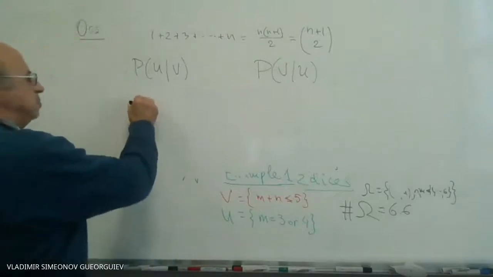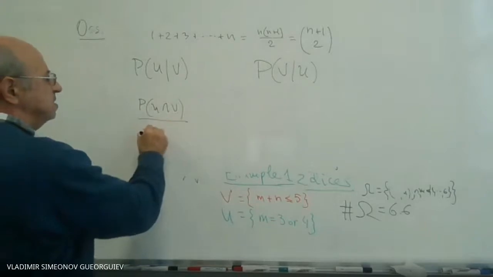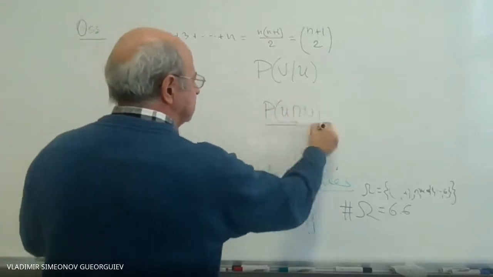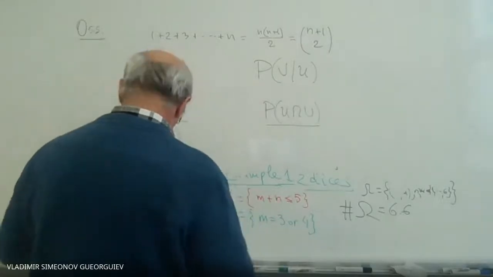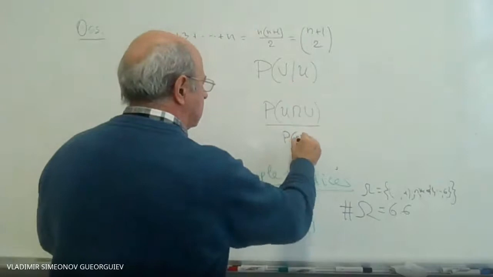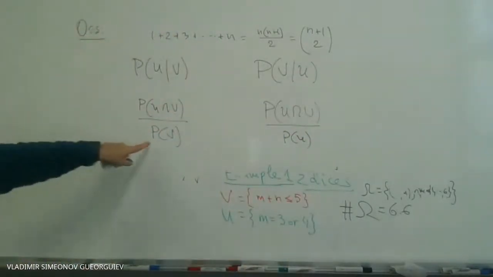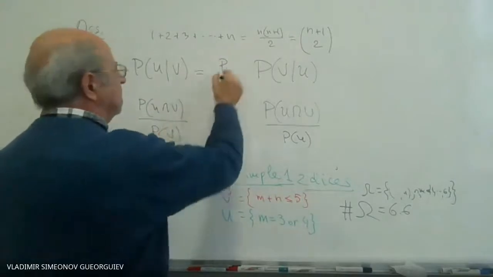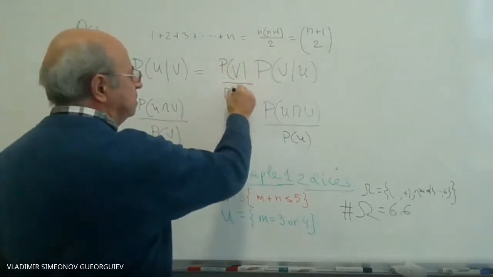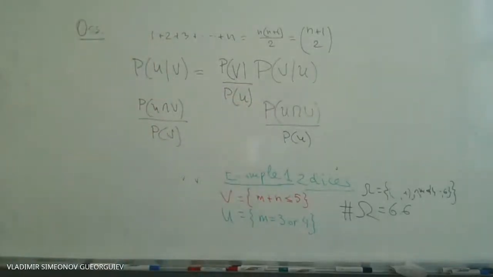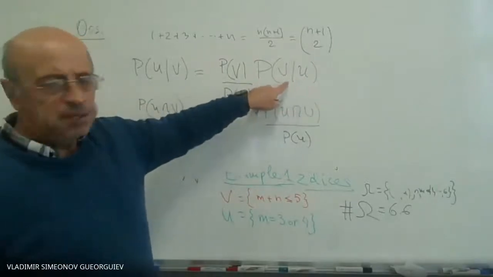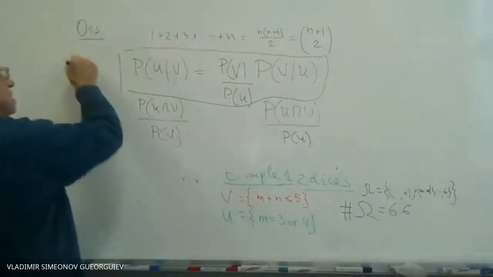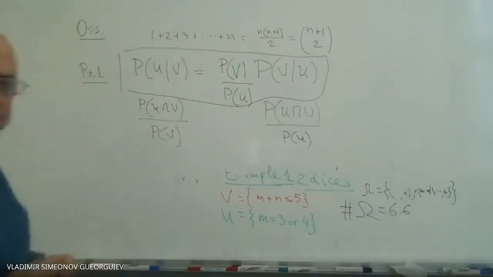So we know that this is P of U intersected with V divided by P of V, while this is P of U intersected with V divided by the probability of U. And if we take this probability here, we can say that the following relation is satisfied: probability of V divided by probability of U. So if you know this conditional probability, and if you know the probabilities of U, you can compute the other probability using this relation.